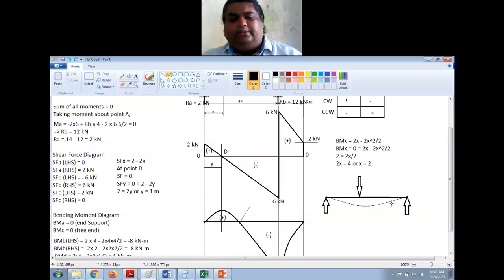Now what has happened is, I have the support here. I have the support here, and I have the load on the center also, that is your UDL, and I also have a point load in the end. So because of this, the beam is bending like this.